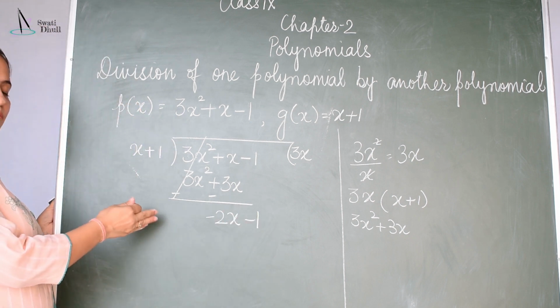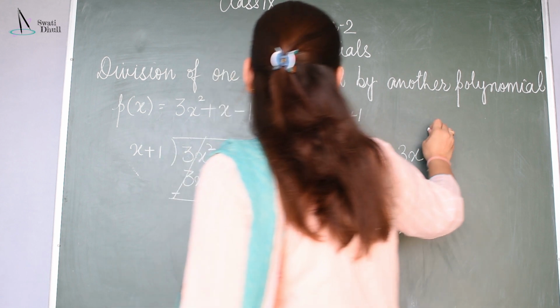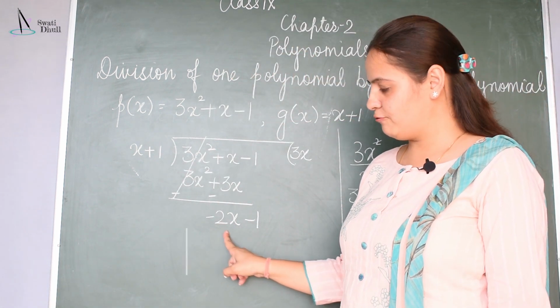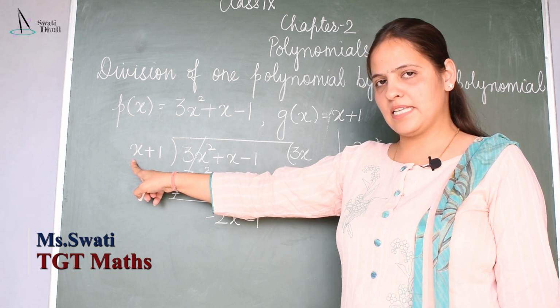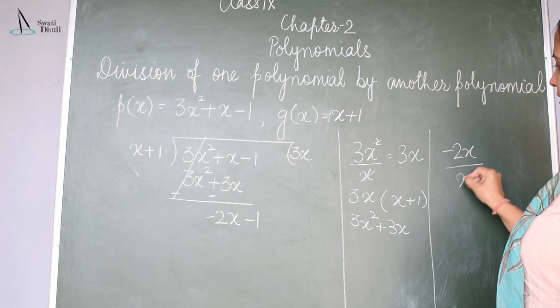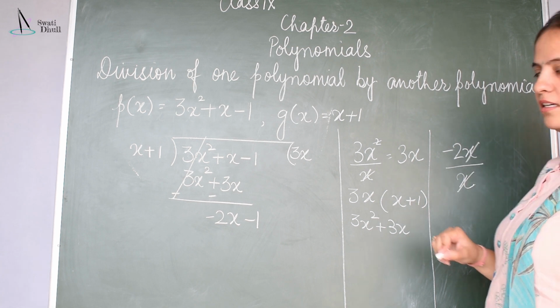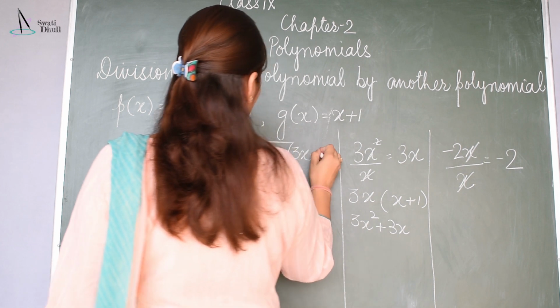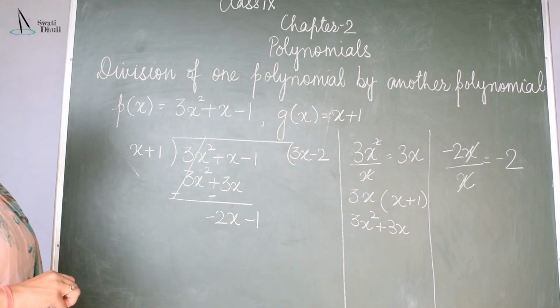Now the next step will remain the same which you have done in the first step. The first term is minus 2x, so you have to divide minus 2x by x. x and x will be cancelled out, so you will get minus 2. So write in the quotient minus 2.